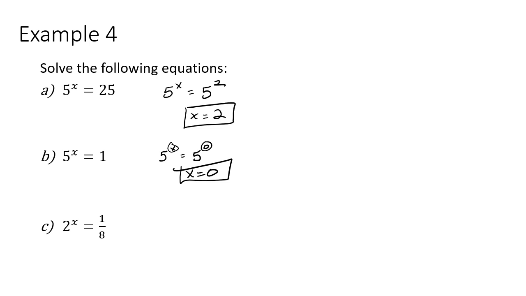In part C, we've got 2 to the x is equal to 1/8. So this one's going to require an extra step, because although 8 is 2 cubed, this is not quite right. This is not just b to the x1 is equal to b to the x2. So the one-to-one property doesn't apply yet. Well, fortunately, we can make use of negative exponents.